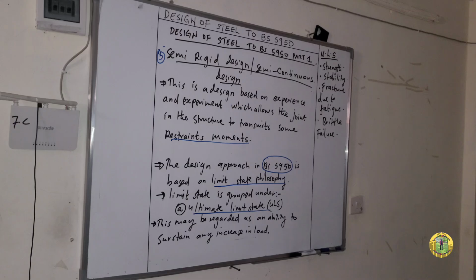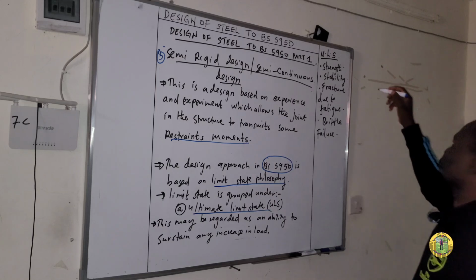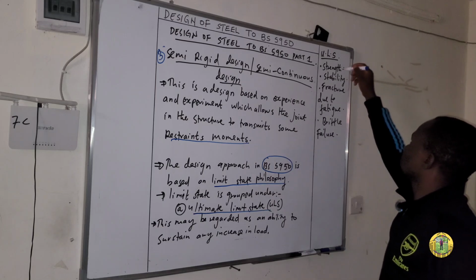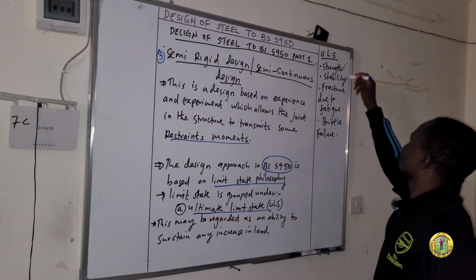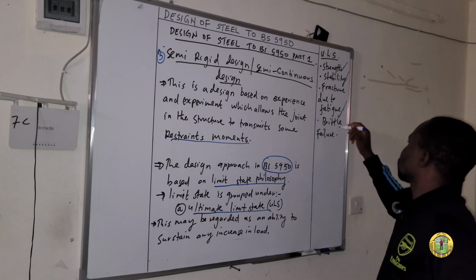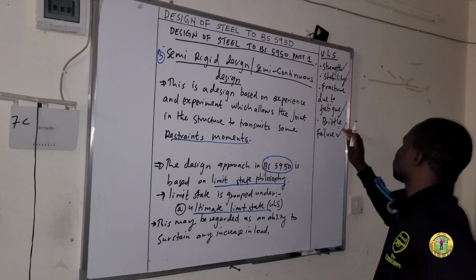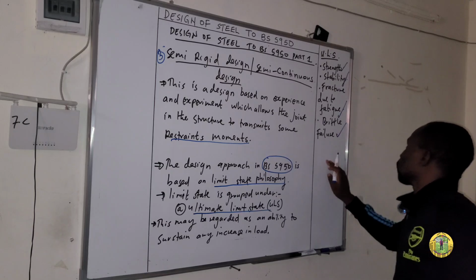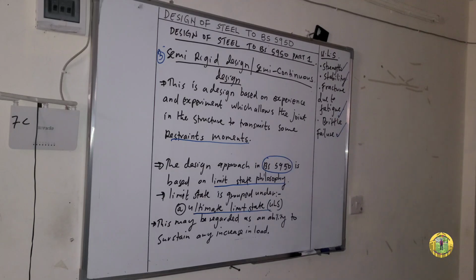In ultimate limit state, there are conditions to be avoided, and they include strength, stability, fracture due to fatigue, and brittle failure. So I will discuss them in detail.